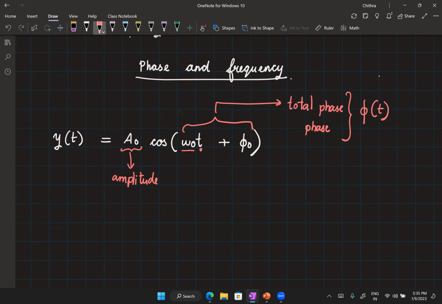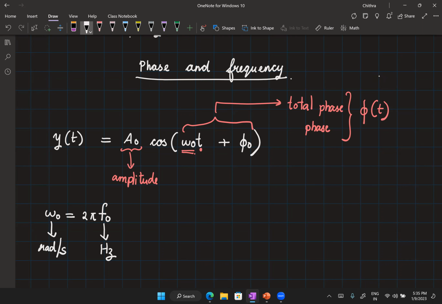Okay. Now let's look at omega naught. Omega naught is basically the angular frequency. And this is represented in, what are the units? Radians per second. And this is equal to 2 pi f naught, where f naught is represented in hertz. So you'll see that we use the same term frequency to represent both omega naught and f naught.